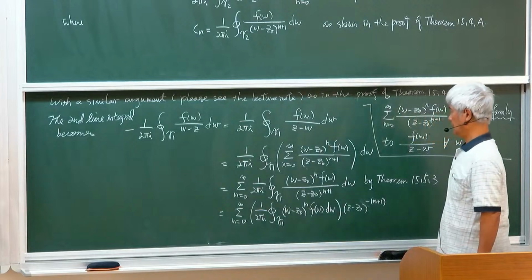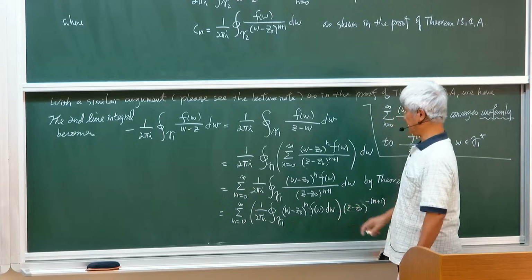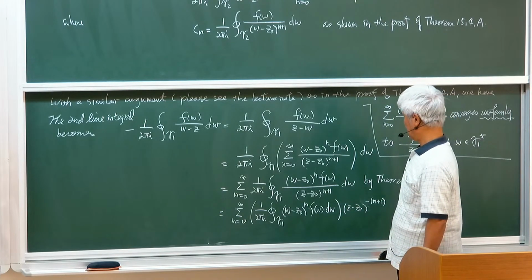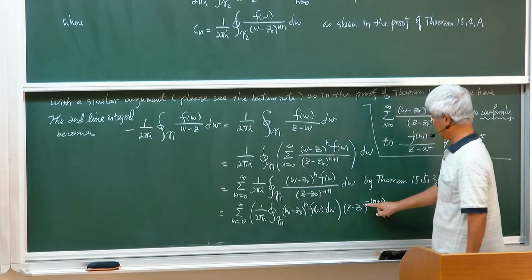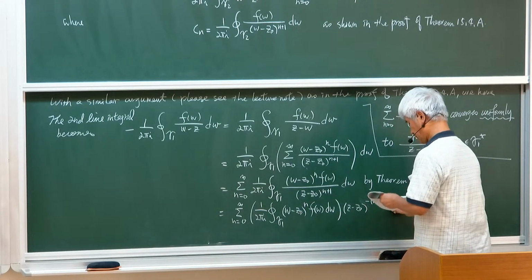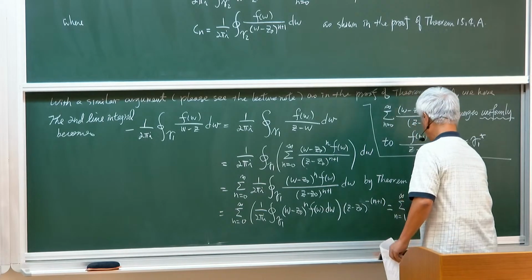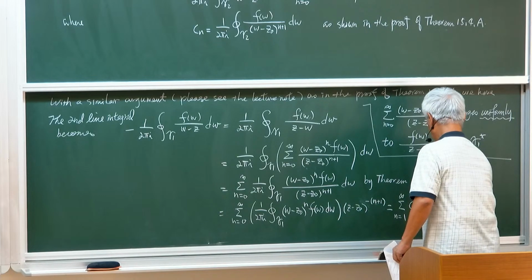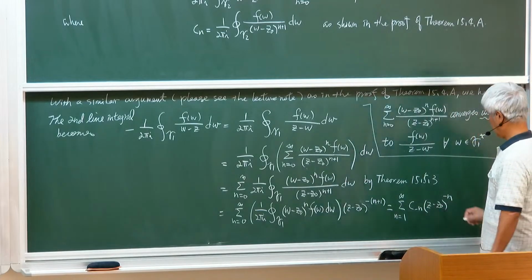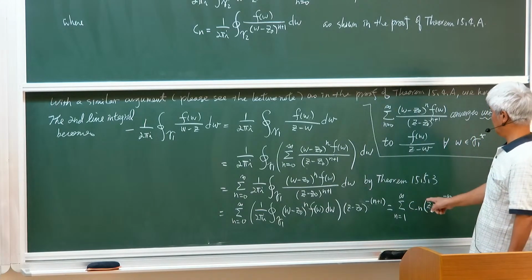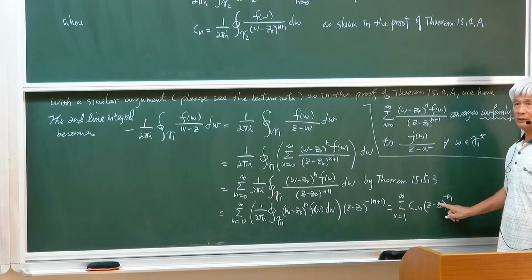Because this term is independent of w, we can move it out. And we change the index, so this is the summation n from 1 to infinity of c_(-n) (z minus z0)^(-n). You can see this becomes a negative power series, because the powers are all negative.